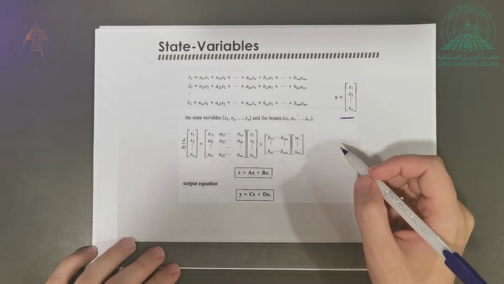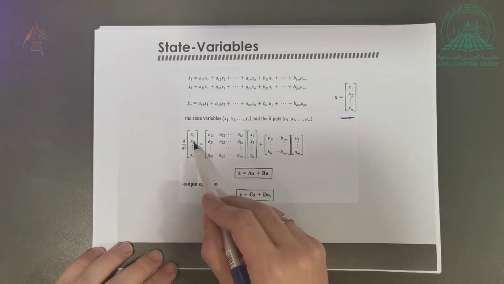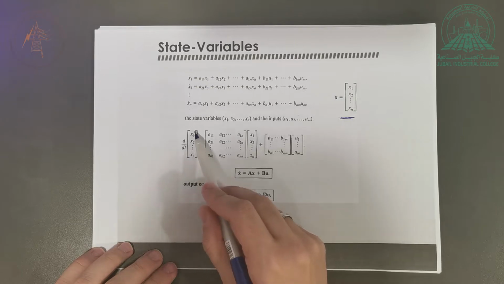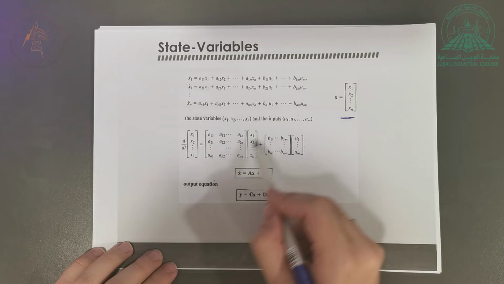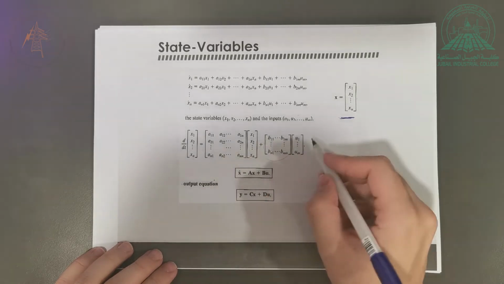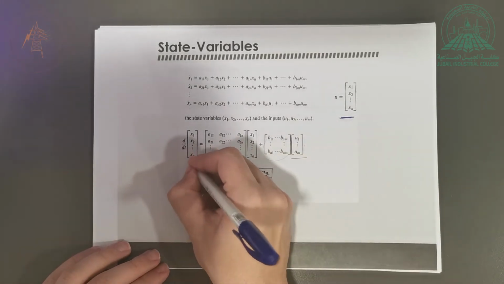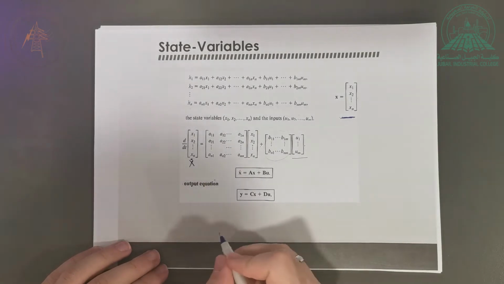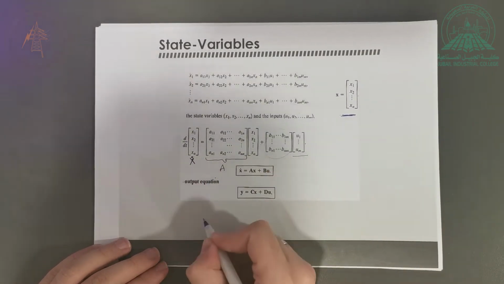The state equations, as you know, we can write in a vectorial form, so we can write them as a matrix. We can say that d by dt of x1, x2 until xn, which is basically x1 dot, x2 dot, x3 dot, equals the A matrix multiplied by the states plus the B matrix multiplied by the inputs. We call this x dot. This is the A matrix.